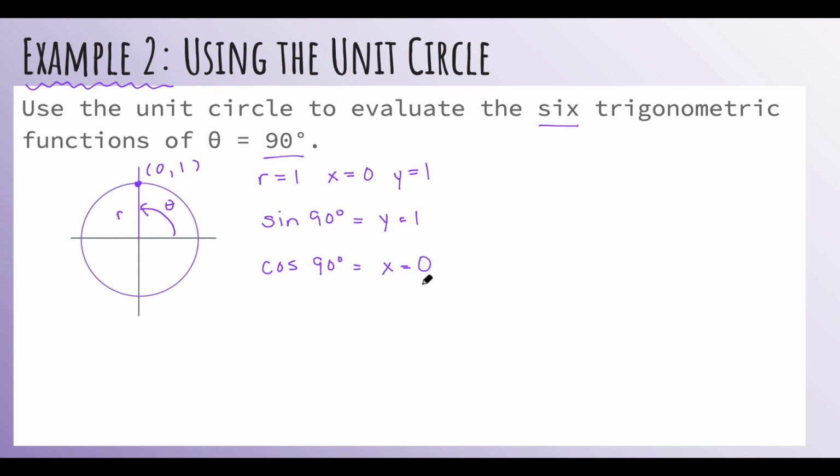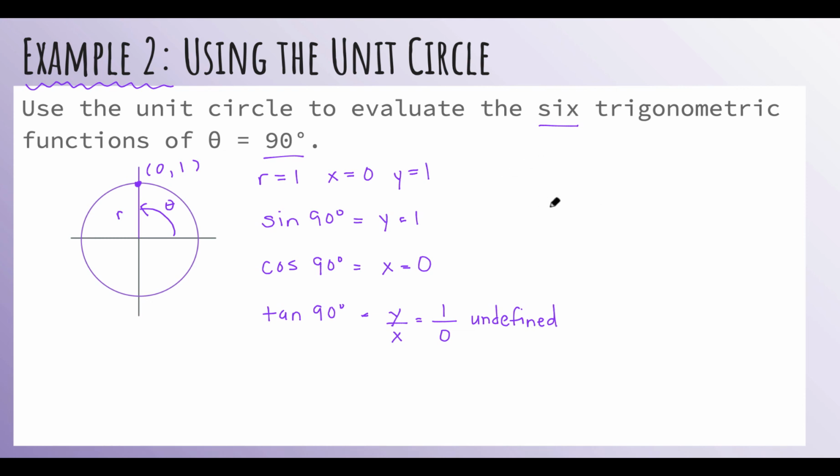Cosine is just going to be 0. And the tangent of 90 degrees is going to be equal to the ratio of y over x. So we know this is equal to 1 over 0. Notice this tangent of 90 degrees is undefined. Okay, it's going to be undefined.